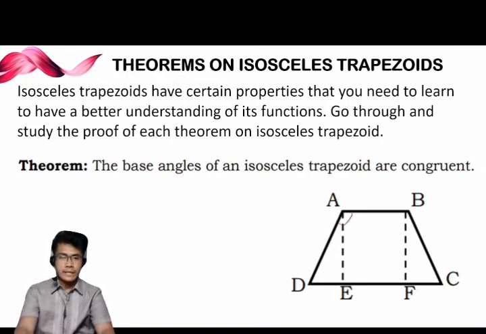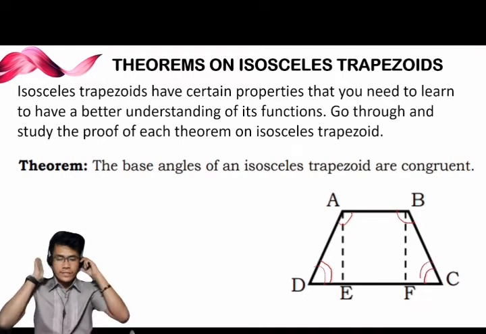Angle A and angle B share the common side AB, which is one of the parallel sides. So therefore, angle A and angle B are what we call base angles. Same with angle D and angle C, since they have the common side DC, which is a base, one of the parallel sides of this trapezoid.